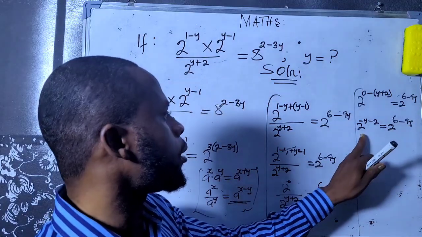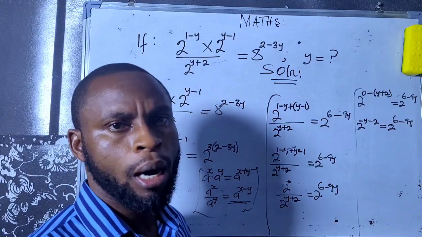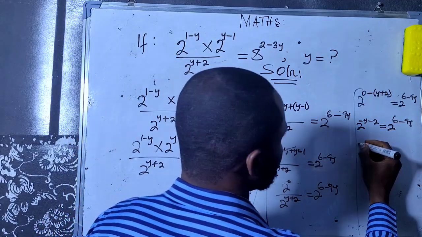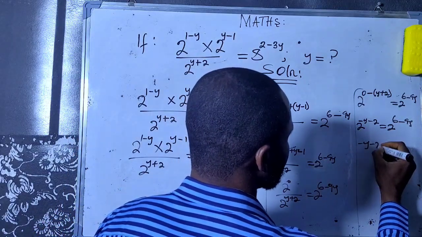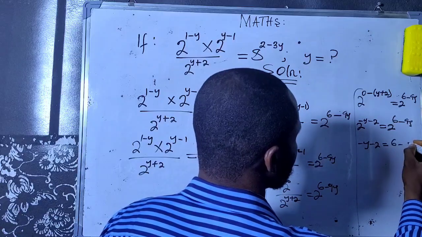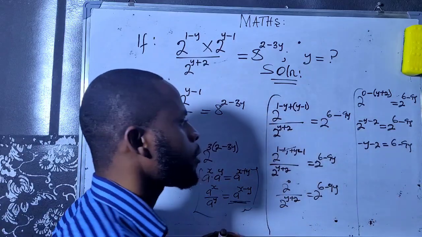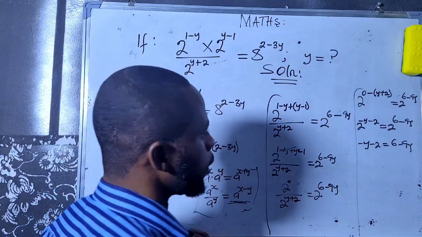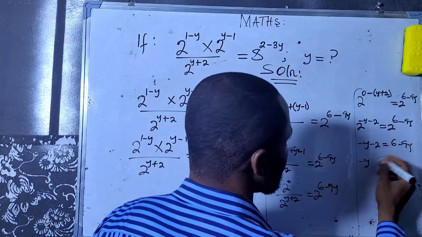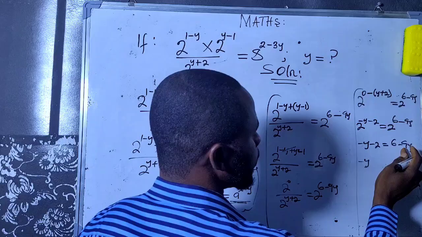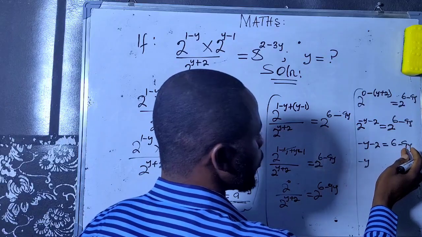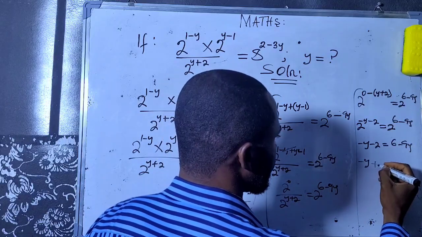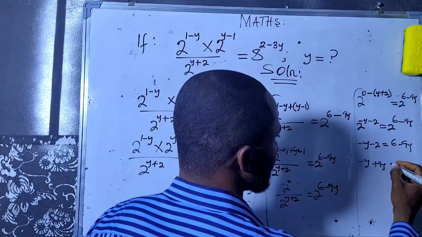Then here, the bases are the same. We are going to equate the powers. Therefore, we have minus y minus 2 equals 6 minus 9y. The next step is for us to collect like terms. If you bring minus 9y from the right-hand side, it becomes plus 9y.